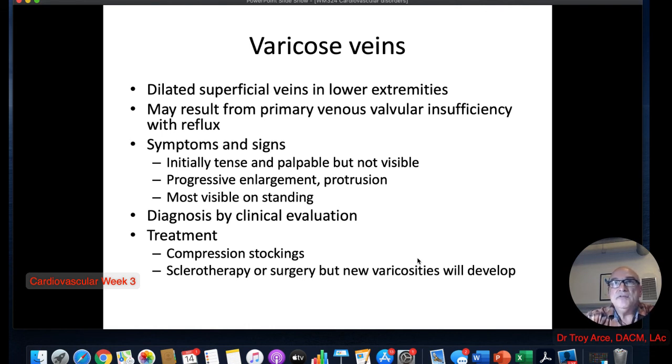Diagnosis by clinical evaluation. Treatment: compression stockings. They sell them right at any of these Walgreens stores or CVS. You'll see those a lot out there, usually next to the canes, they'll have these little compression stockings. Sclerotherapy or surgery, but new varicosities will develop.